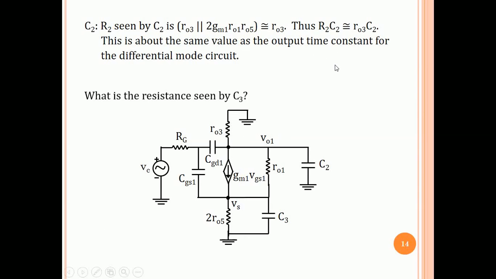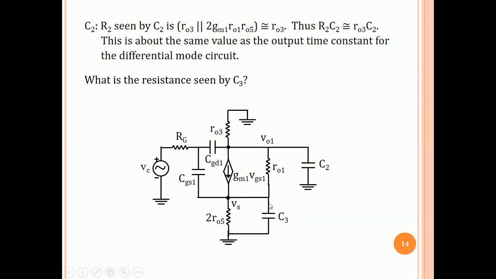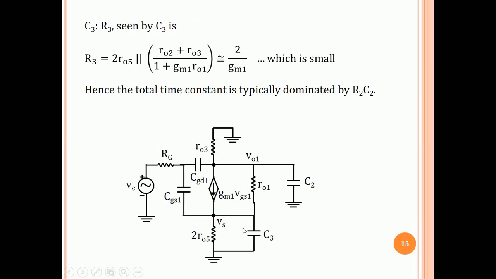Okay, what about the resistance seen by C3? Now we've done all this before, so you should be able to just look at it and say what it is. So let's look at it. The resistance seen by C3 is 2 RO5 looking down, and looking up it is RO1 plus RO3 divided by 1 plus gm1 RO1. If the ROs are equal, this is 2 by gm1. 2 by gm1 is much larger than 2 RO5, so this is approximately 2 by gm1.